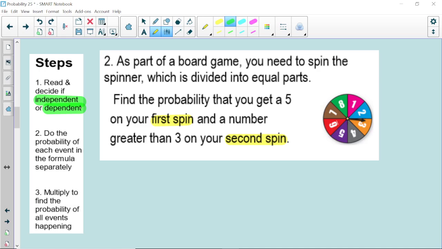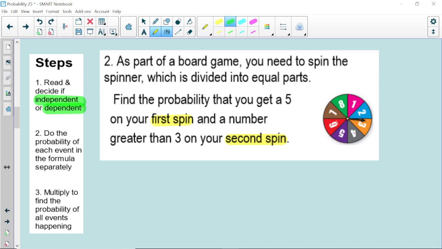So if we think it is dependent, those that had the thumbs down, they disagreed. What is changing from our first to our second event? Why is it dependent? What's affecting our second spin?